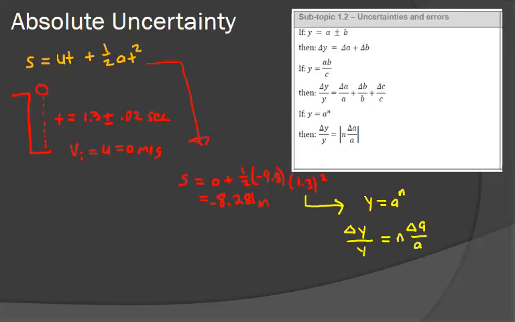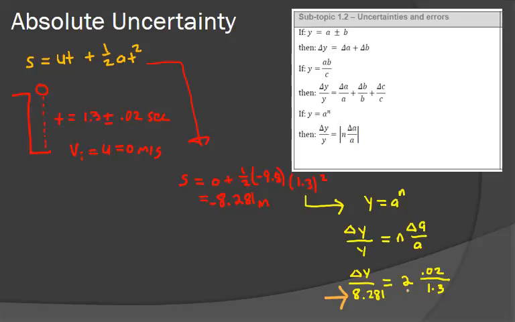So what we do if we have an exponent is we use this here, and it's the uncertainty of the value over the value equals n, which is the exponent that we have, in this case squared. We have this being 2 up here, and then we have a as the value itself, which in this case is time.